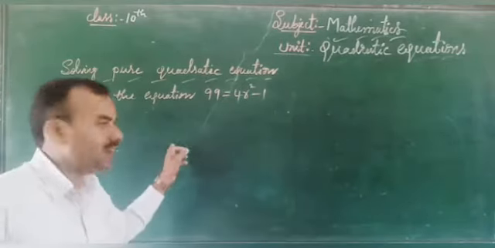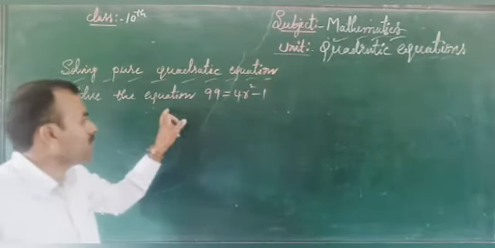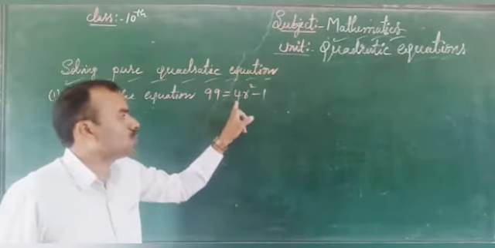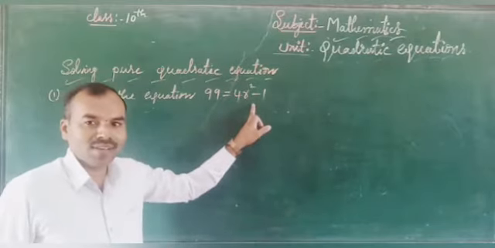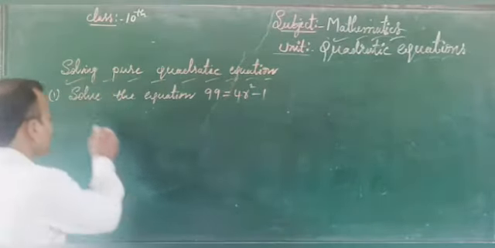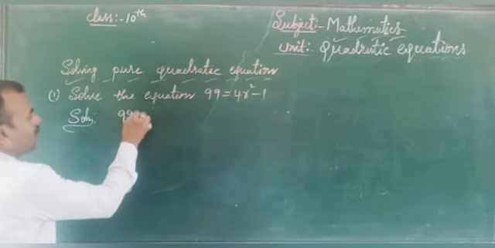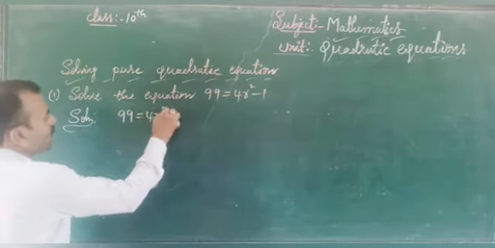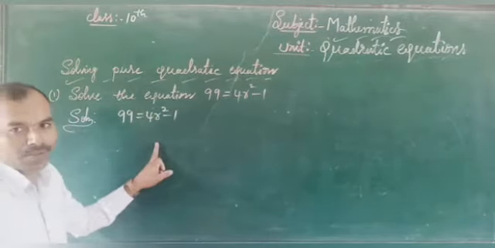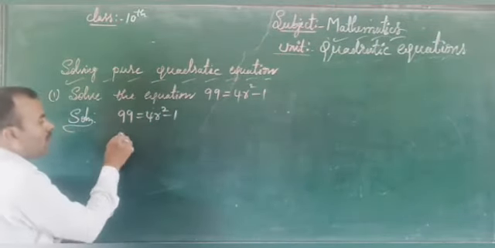To take another one, solve the equation 99 equals 4r square minus 1. Just transpose minus 1 into the LHS.